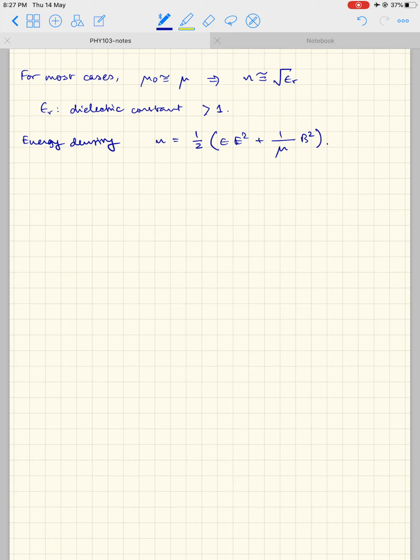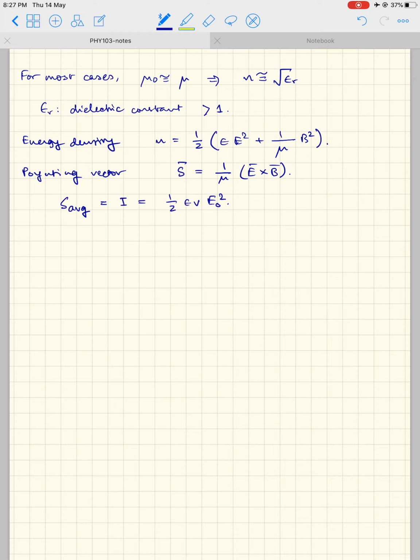And the Poynting vector S is given by 1 over mu into E cross B. So again, mu naught gets replaced by mu, and the intensity, which was the average of S, is going to be something that we call the intensity I, and this is going to be given by half epsilon v into E naught squared.